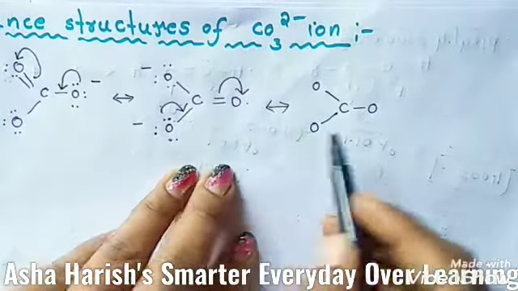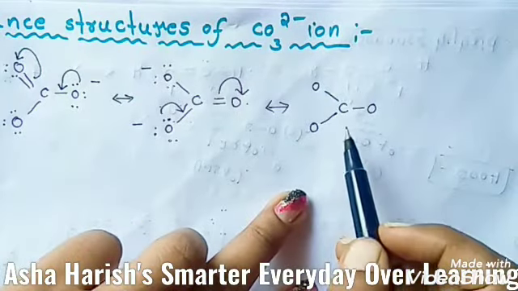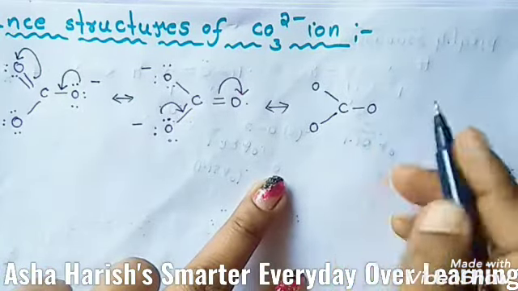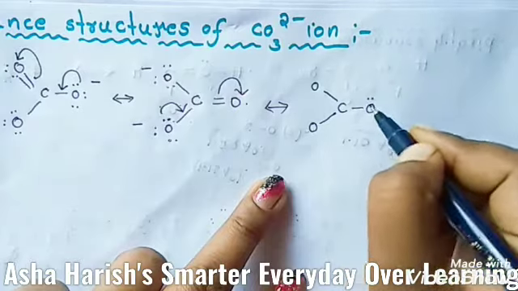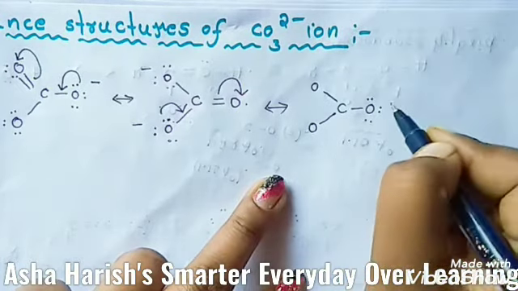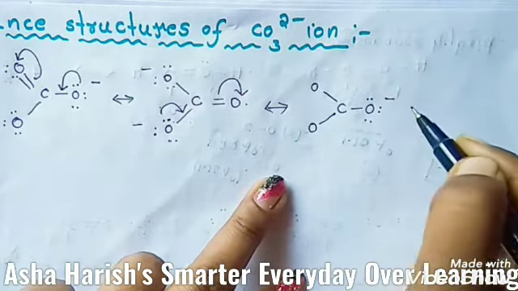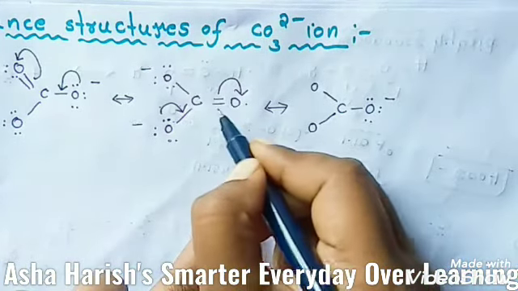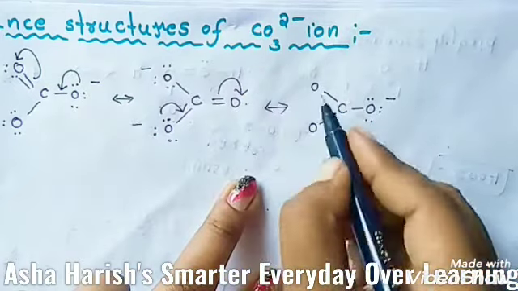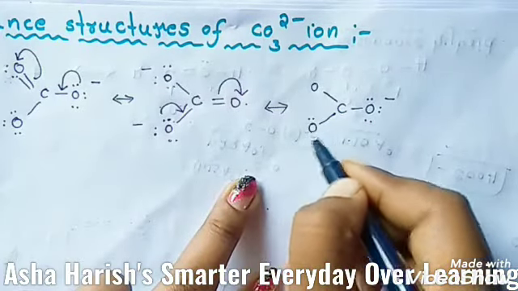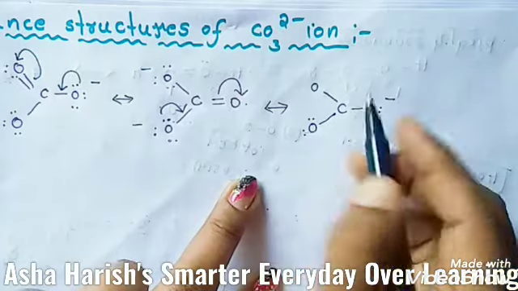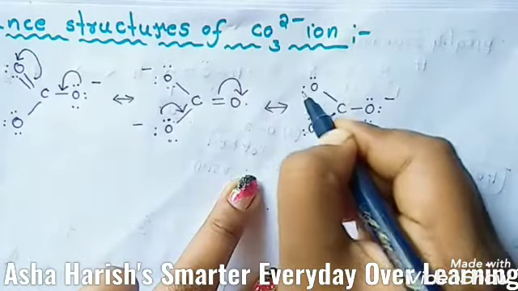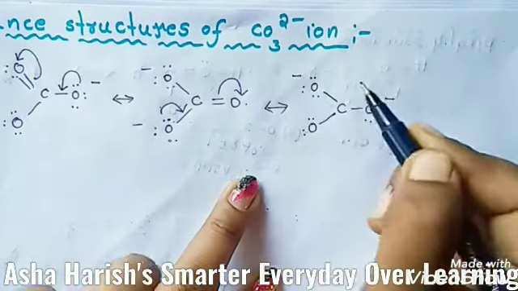From this structure we can draw the structure of this CO3 2 minus, and around these oxygens here one pair of electrons, 2, 3 pairs of electrons, lone pairs, and here must be a negative charge, due to this shifting of the pair of electrons. And if you see this oxygen, here 1, 2 pairs of lone pairs, here 3 pairs of electrons with negative charge.